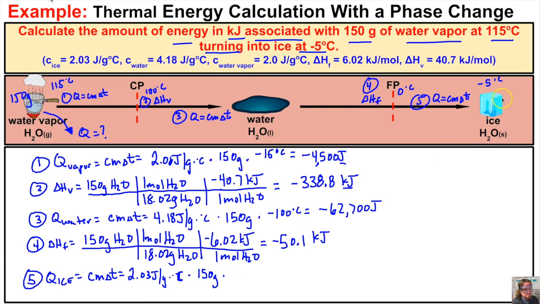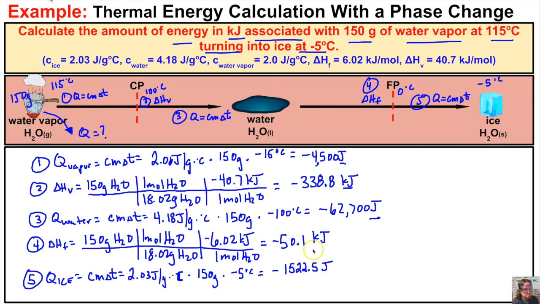Times the change in temperature as it goes from 0 to negative 5. We'll take negative 5 minus 0, and we'll end up with negative 5 degree temperature change. Put this in our calculator. We'll end up with negative 1522.5 joules. So now we can add these up.